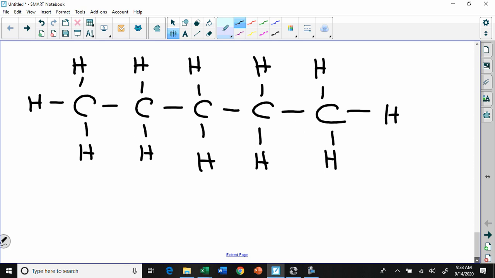Pentane is actually one of the hydrocarbons found in gasoline. Gasoline is a mixture. Pentane, hexane, heptane, octane, nonane. It's a mixture of those hydrocarbons. And then what they do with the octane, each hydrocarbon burns at a different temperature.